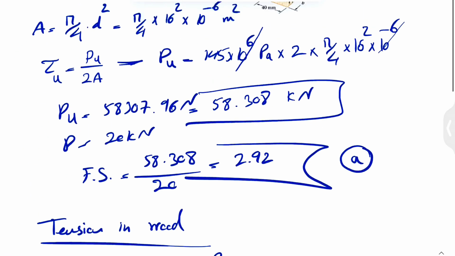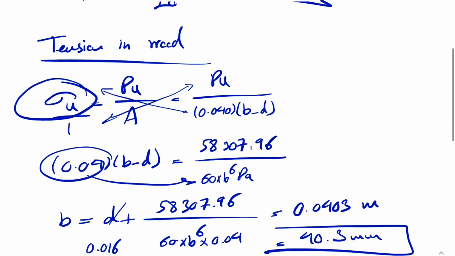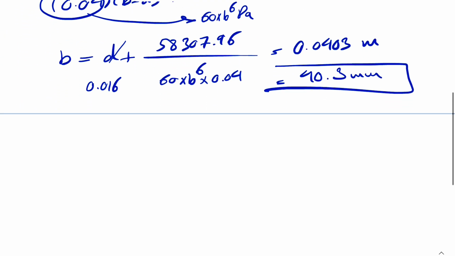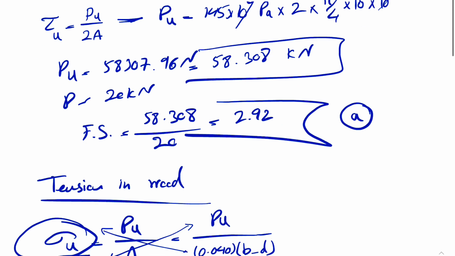And the question has one more unknown, and that would be the C. And for C, we're going to proceed with the shear in wood. The area of these two rectangles is what's going to take the shear force on the wood. So we have two rectangles, same dimensions, and for each of them, one side is 40 millimeters and the other side is C, which is what the question is asking.